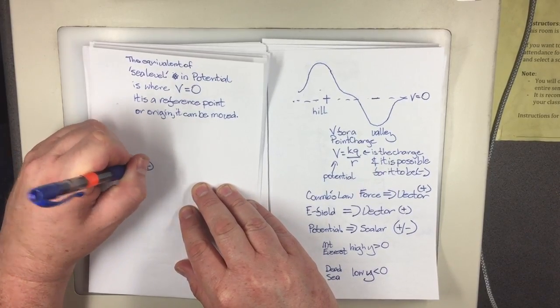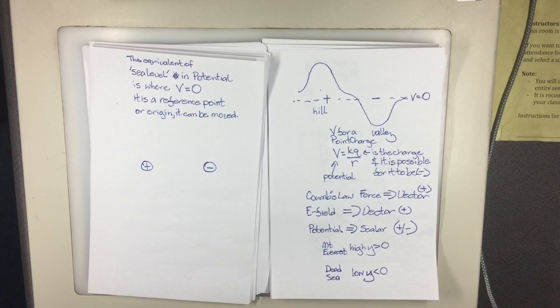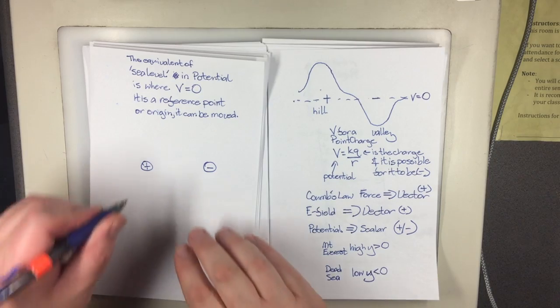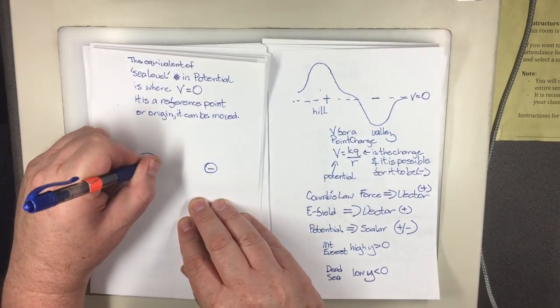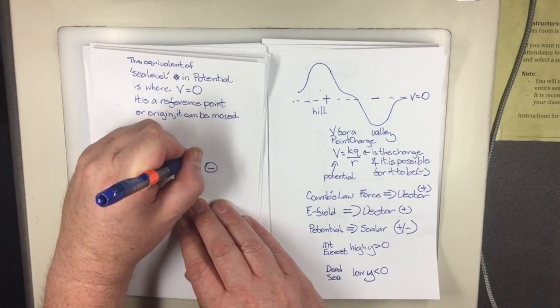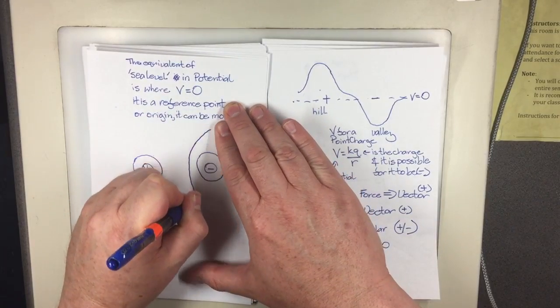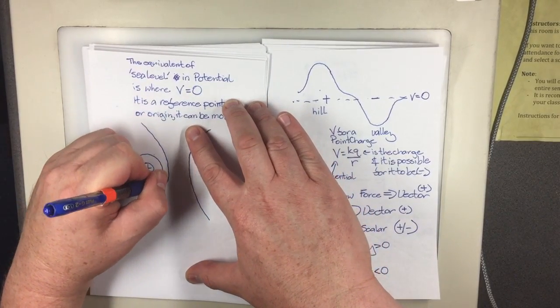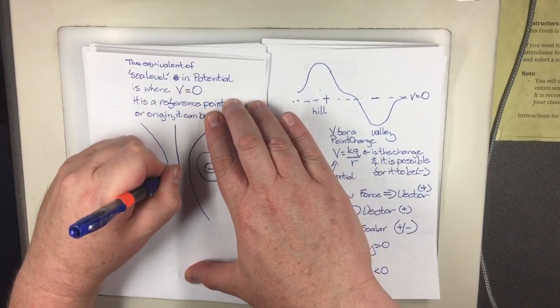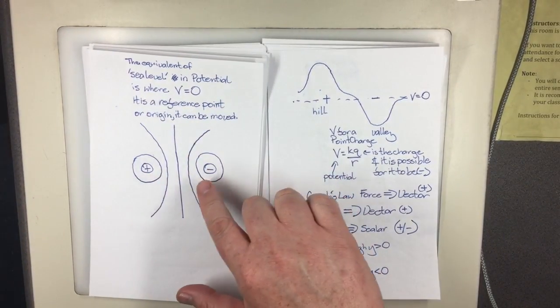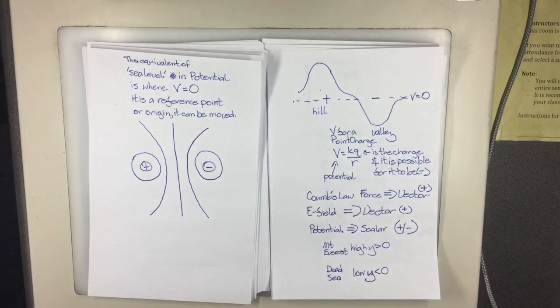Going back and continuing with this hill and valley, if you've ever done orienteering or used a topographic map, one of the things that you see is these height lines. If you have a hill and a valley, these lines are exactly where the height is of a particular height.